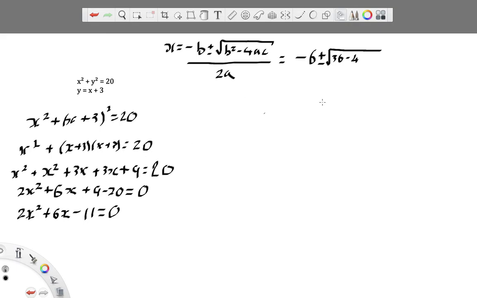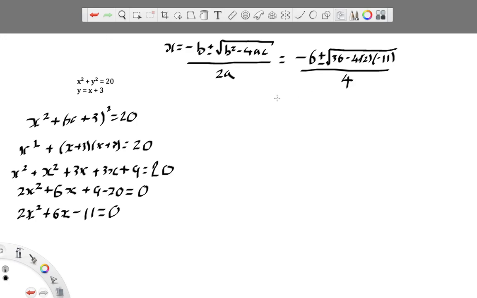Well, a here is 2, and c here is minus 11. And that's all over 2a. And a, of course, is 2. So it's all over 2 times 2, which is 4.